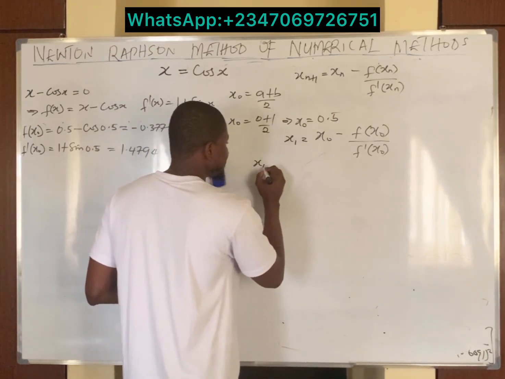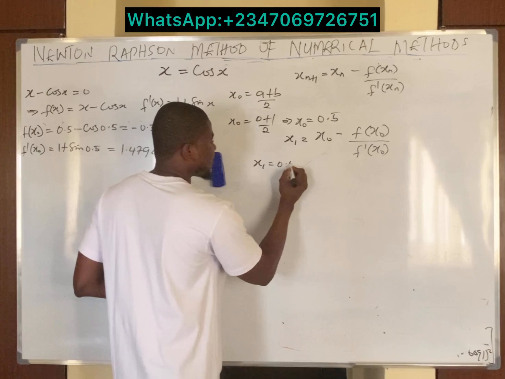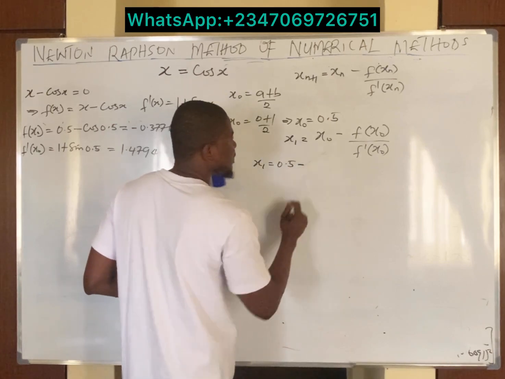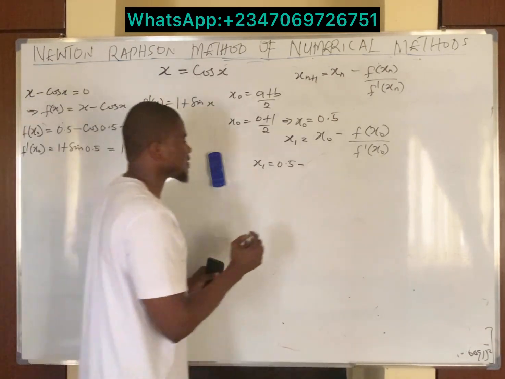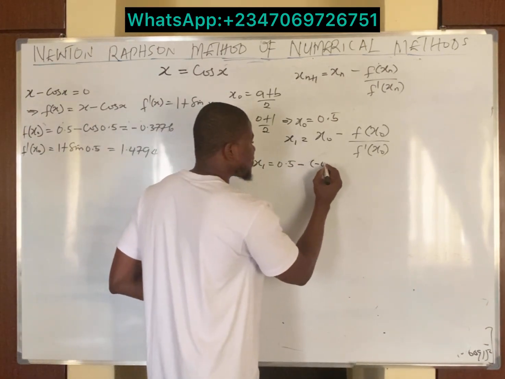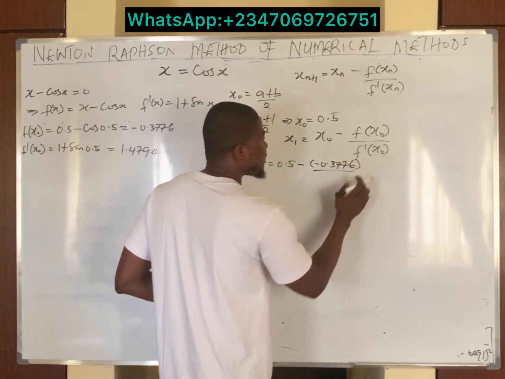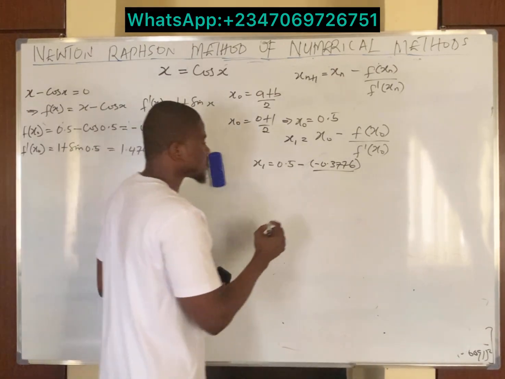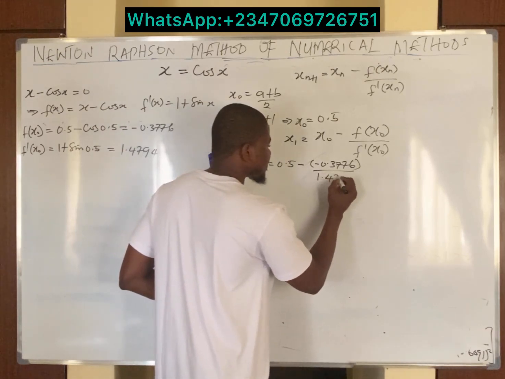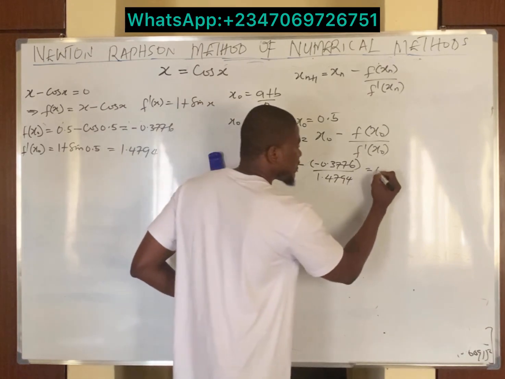X1 is going to be equal to, we said x naught, and x naught is 0.5 minus f of x naught. F of x naught gives us negative 0.3776. So I have negative 0.3776 divided by f prime of x naught, which gave us 1.4794. So divide 1.4794. This is going to be equal to 0.5.